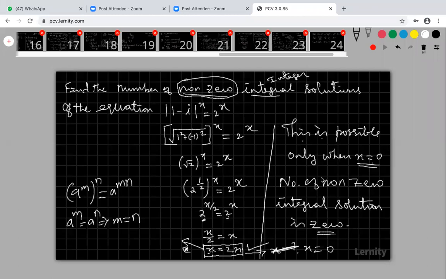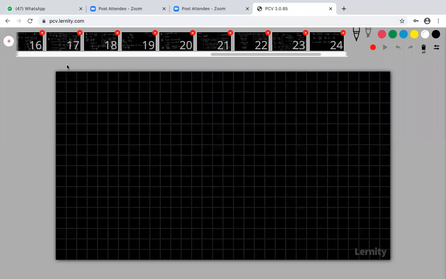It is not possible, only x is equal to 0 is possible. There is no other possibility for satisfying this equation. So my number of solutions is 0. No solution is there. Very good. My number of non-zero integral solutions is 0 only. Are you clear? Yeah. Now come to the next problem.